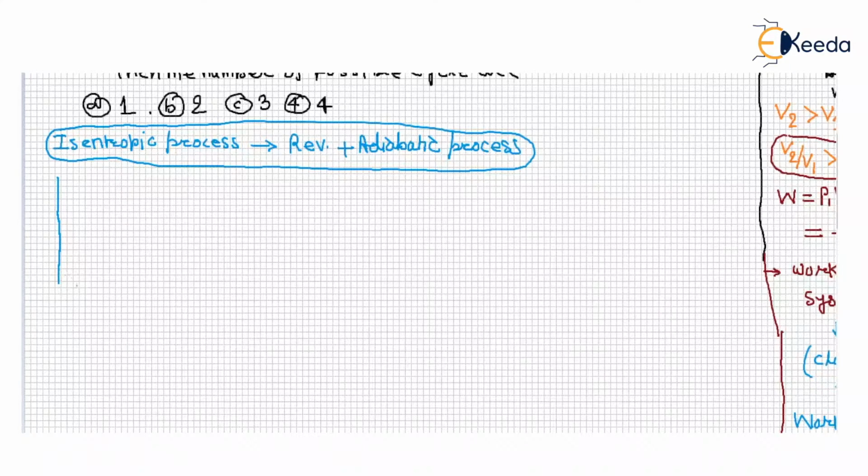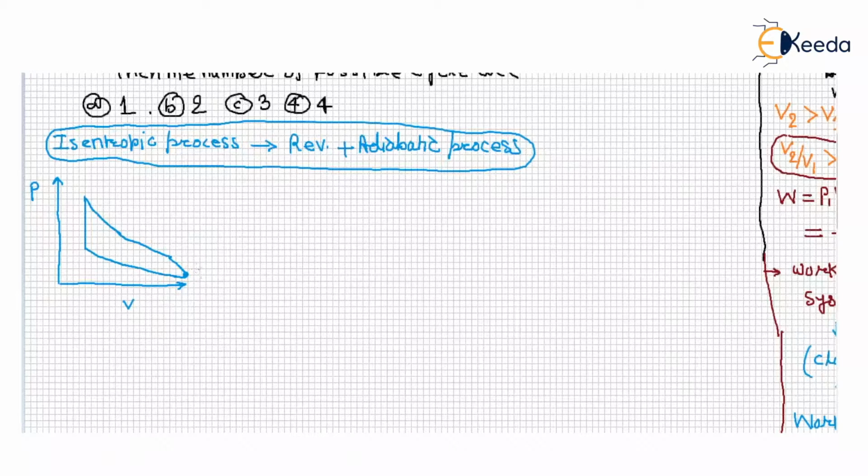If this is your PV plane, P and V. So the first possible cycle is that if you assume like that, this is your constant volume, and we assume like that, okay?